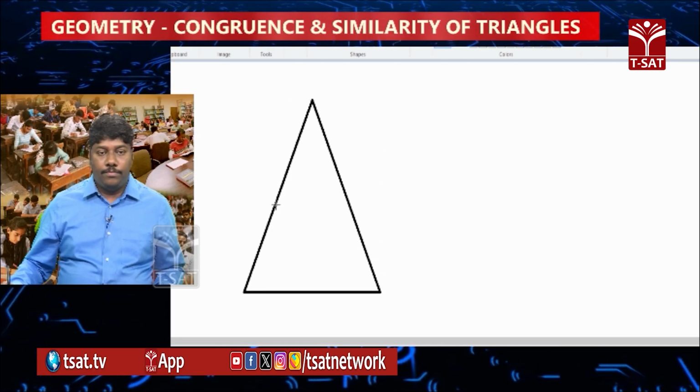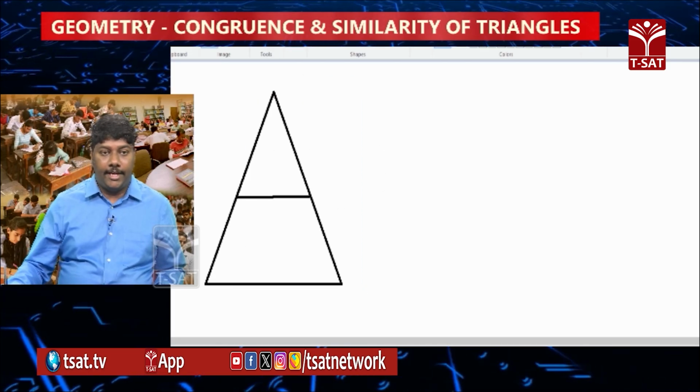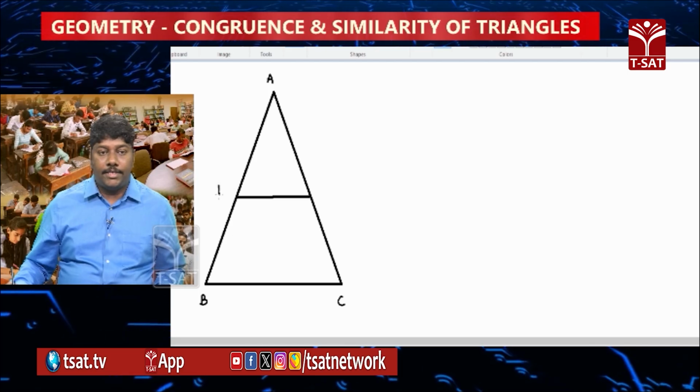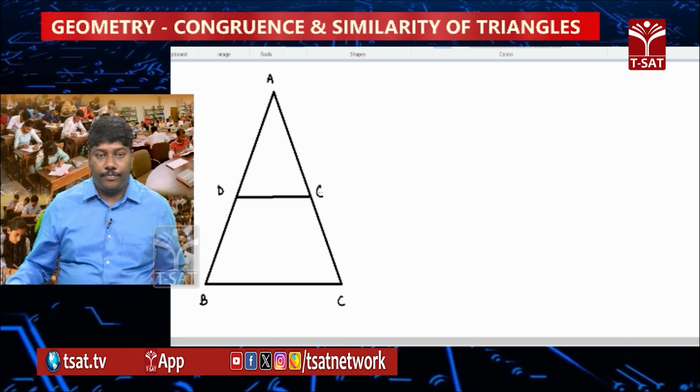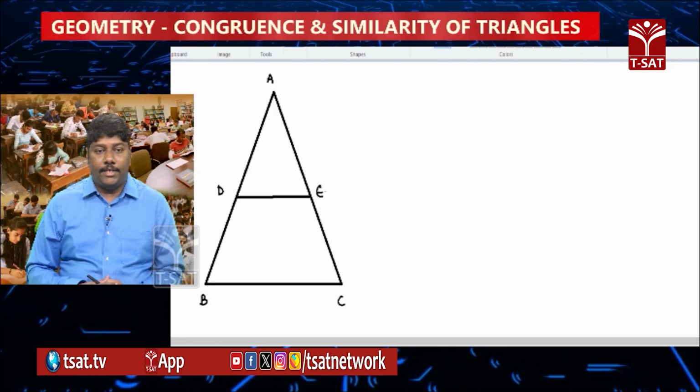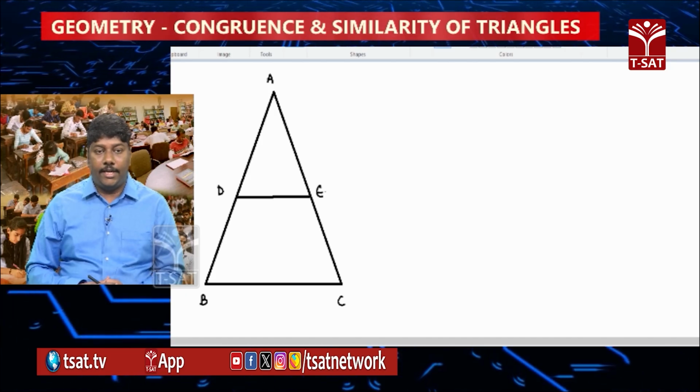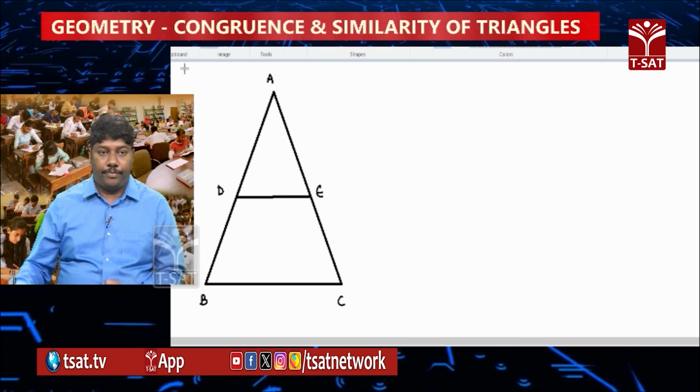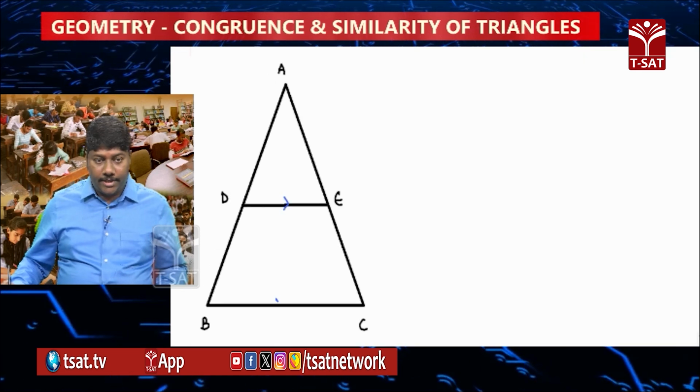I am taking the triangle ABC. I have taken 2 points D and E. D and E are the 2 points on the sides AB and AC respectively. DE is parallel to BC.